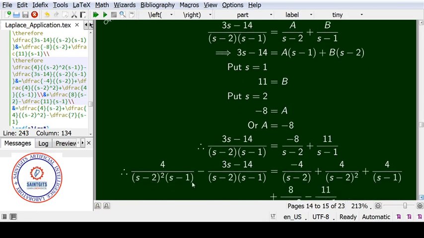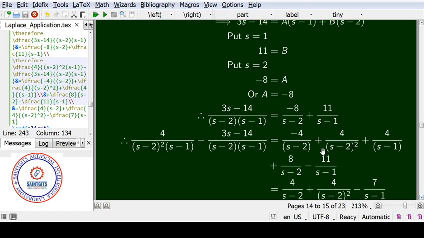The next step, this is the RHS of our y bar of s. I write the RHS and combine both these terms together. So minus 4 by s minus 2 plus 4 by s minus 2 square plus 4 by s minus 1. That is the partial fraction corresponding to the first expression. Now for the minus of the second, that minus is important: minus of minus 8 by s minus 2 gives plus 8 by s minus 2, and minus of plus 11 by s minus 1 gives minus 11 by s minus 1.